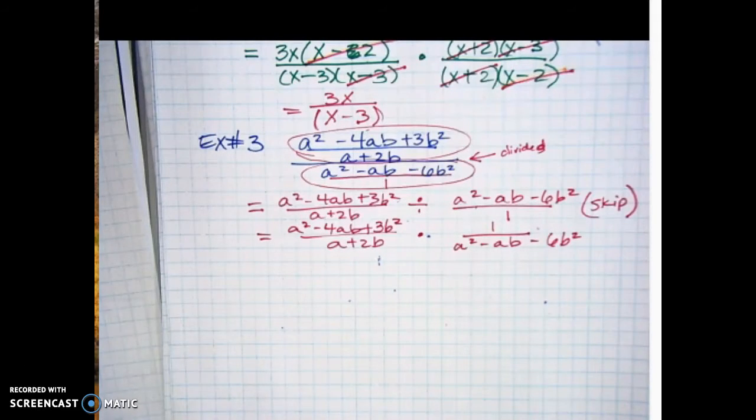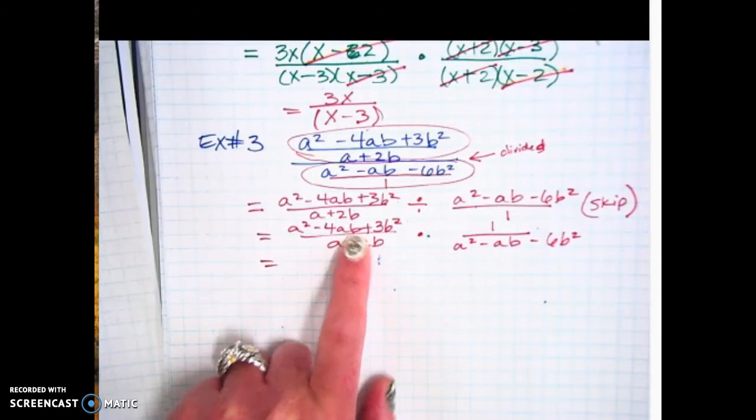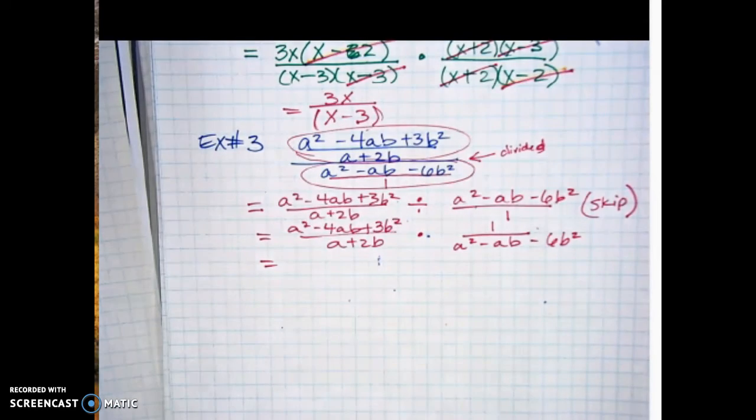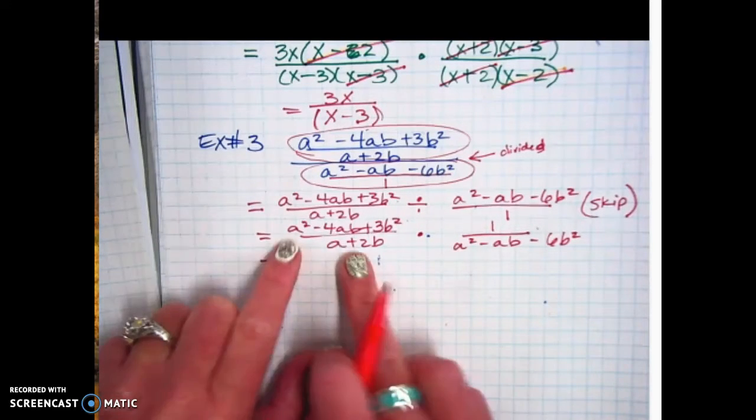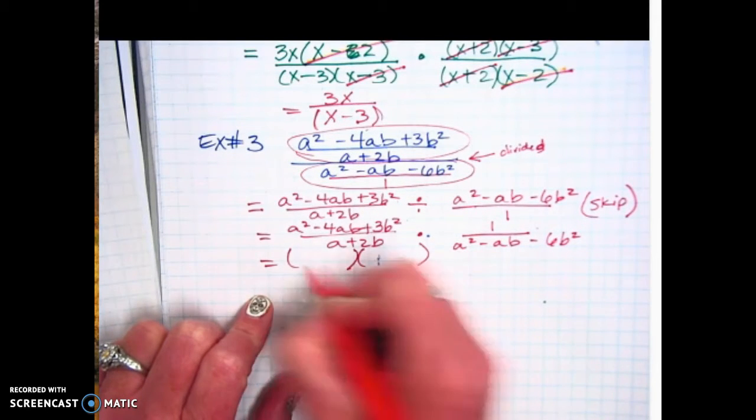Okay. Now we want to factor. Okay. So let's start with this first numerator, the a squared minus 4ab plus 3b squared. So to get a squared, we're going to multiply a times a.